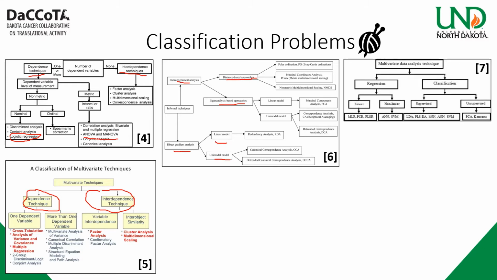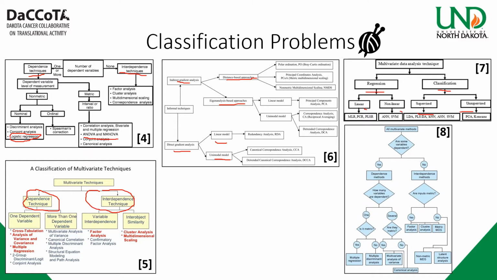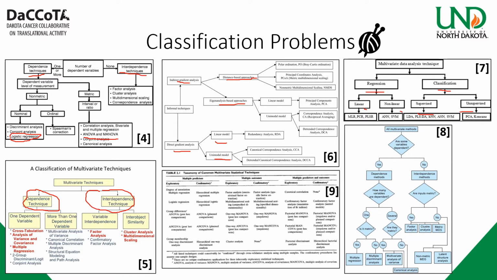Here's yet another way, more on the machine learning side, whether it's regression or classification, supervised, unsupervised, linear, nonlinear, etc. Here's yet another one. None of these can be simply corresponded to each other or mashed together to form a uniform whole. That's just not the case.